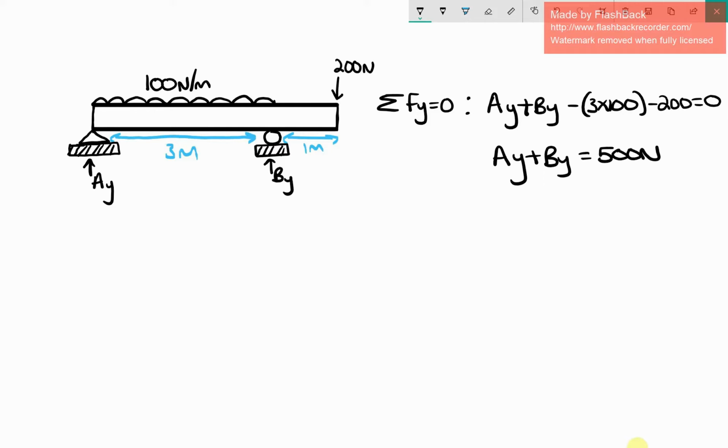Secondly, as it's in equilibrium, we're going to take moments about the point A. So the sum of the moments about point A should equal to 0.